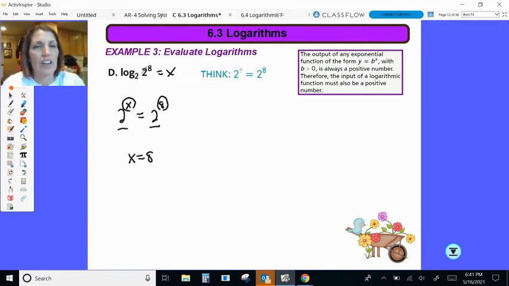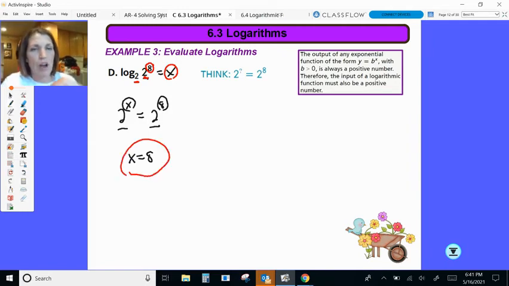Isn't that fascinating? You have 2, the base, and the same base here, so automatically we know that 8 is equal to x. That's a cool little property to remember. If we have a base that's the same number as this, we automatically know that 8 equals x. So keep that in your back pocket.